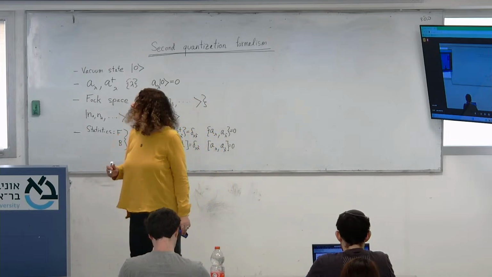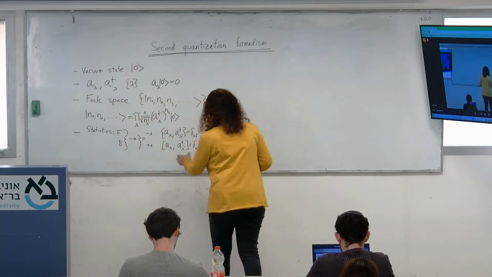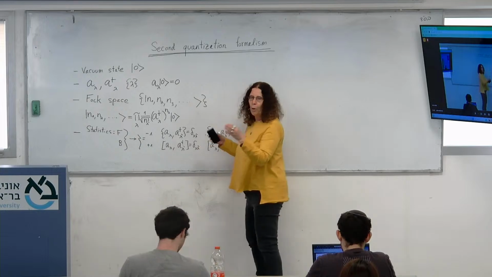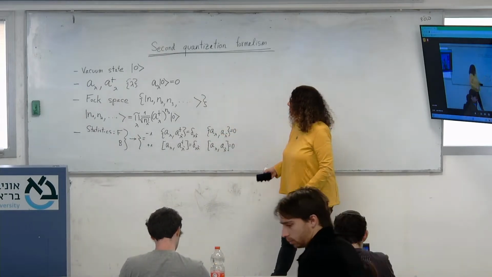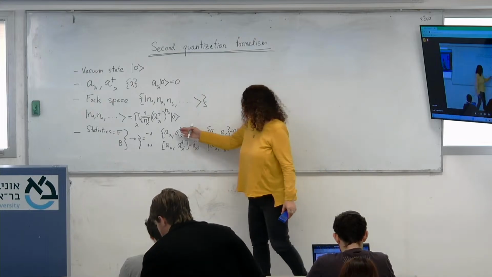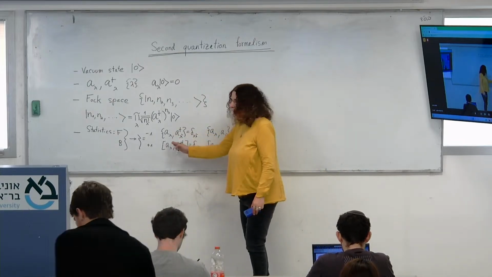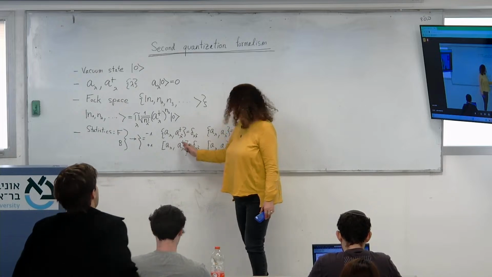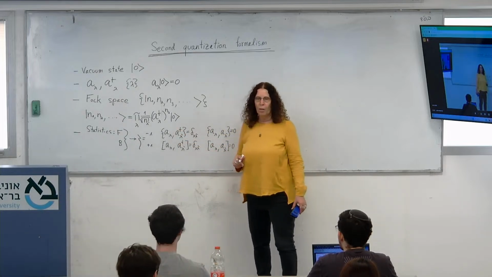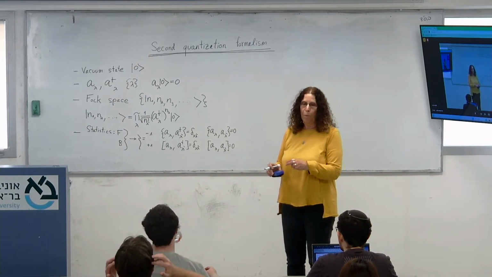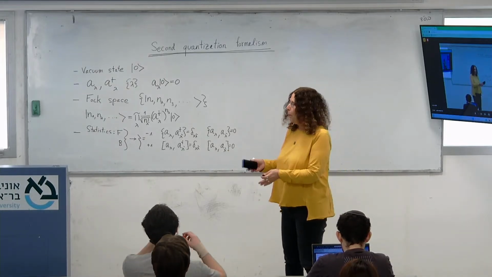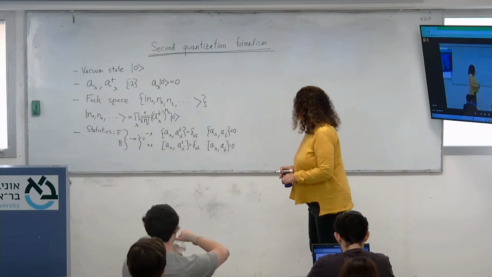Now, using these commutator relations, any application of a product of A's and A daggers on some state can be manipulated by shifting operators around and using these commutation rules. And that allows you to see what a specific operator does when it applies on a specific state.